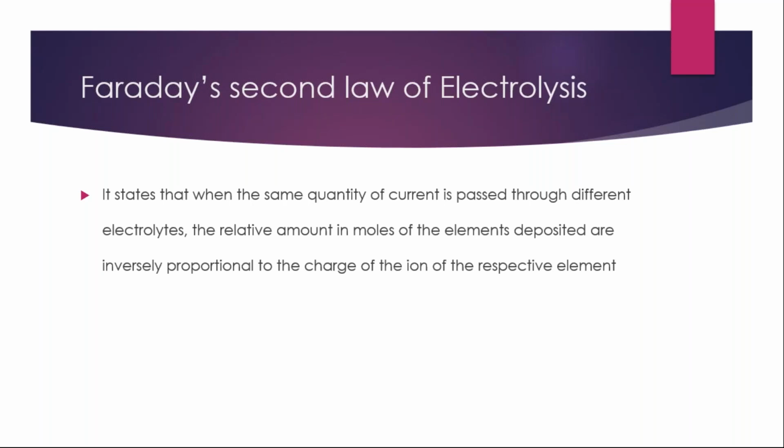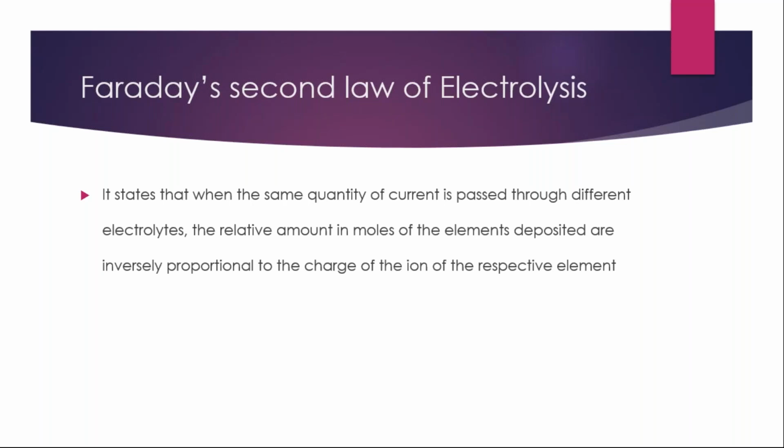If the valency is more, then for the same amount of electricity, the number of deposited atoms will be less. If the valency is less, the number of deposited atoms will be more.